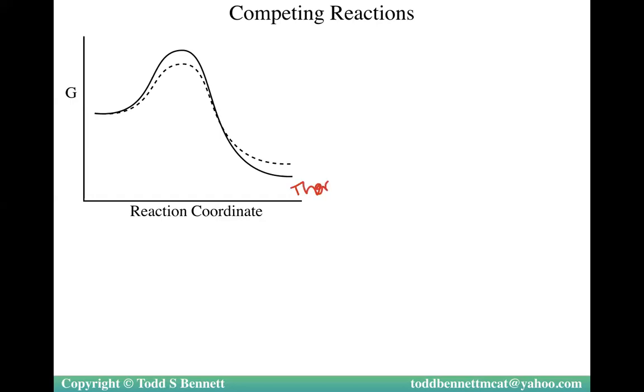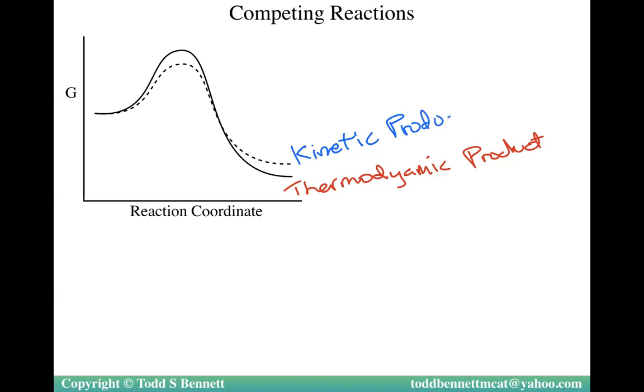Thermodynamic product, the one that's thermodynamically more favorable. The faster one, the one that occurs because of lower activation energy, is known as the kinetic product, the one you get fast.